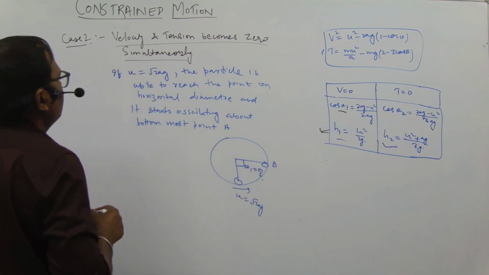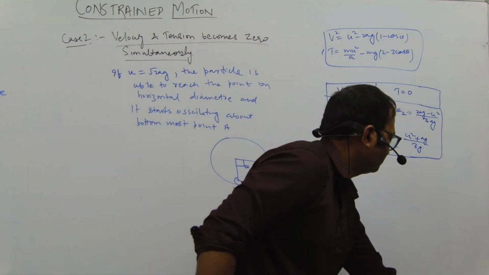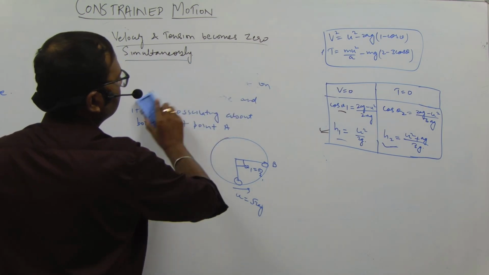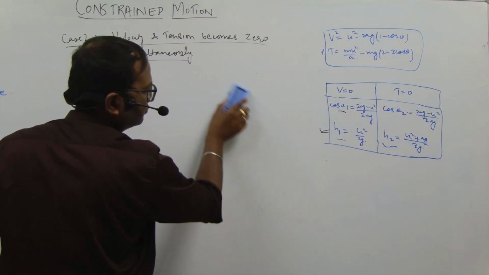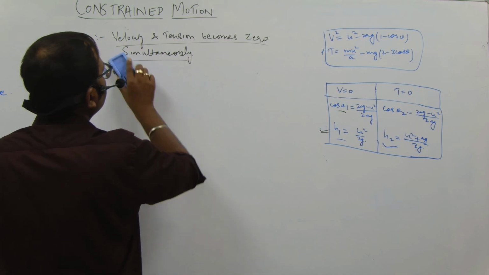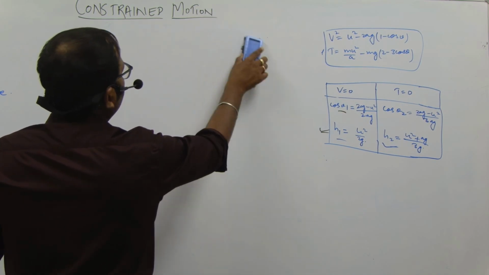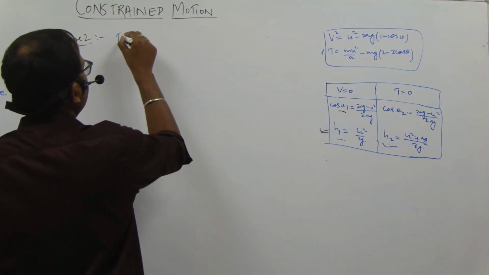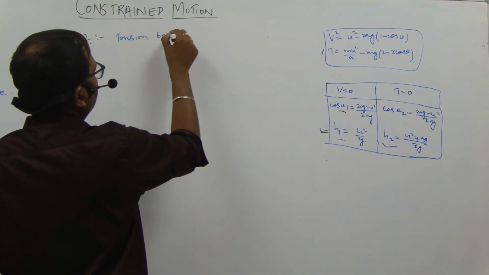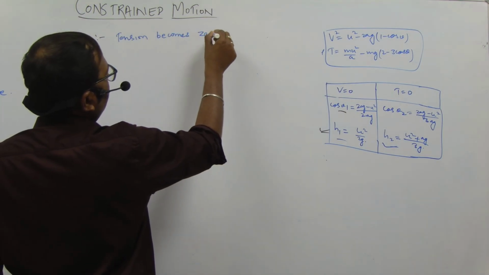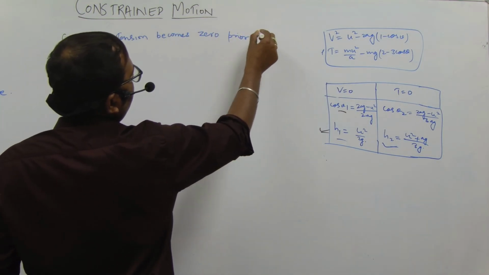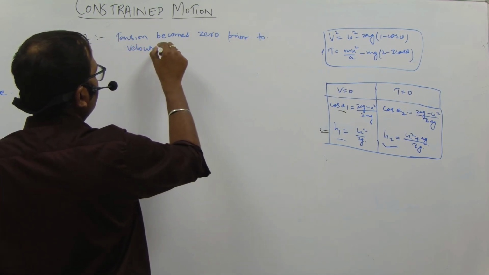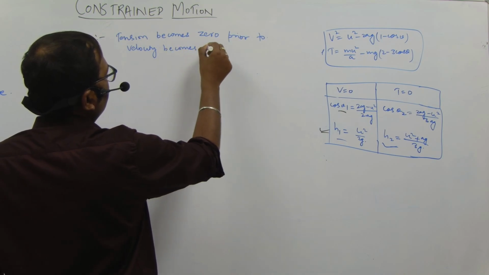Okay, let us discuss case 3. So we have this tension becomes 0 prior to velocity becomes 0.